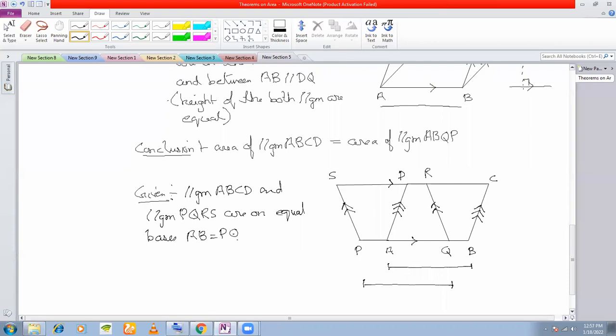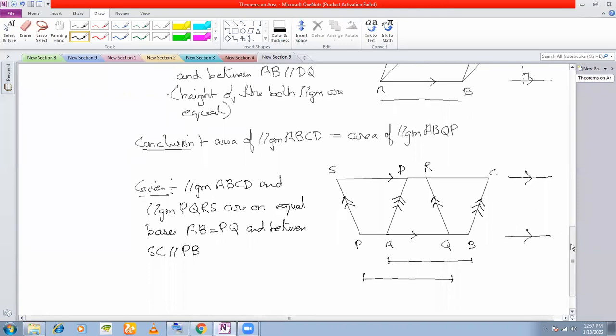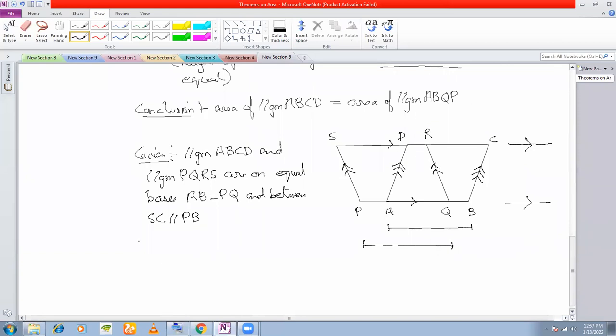And between what parallel lines? One parallel line is SC and the other is PB. So these two parallelograms are not on the same base, but they are on equal bases. The lengths of the bases are equal, and they are between these two parallel lines. That means the height of the parallelograms is the same. Your conclusion will be the same, that the areas of the two parallelograms must be equal.